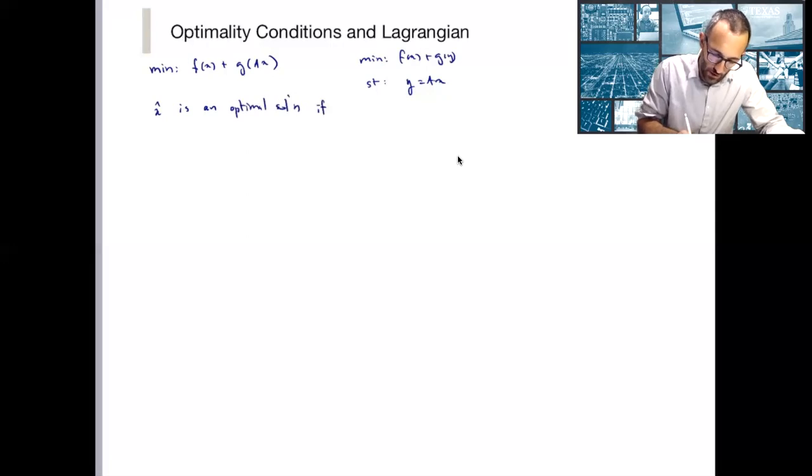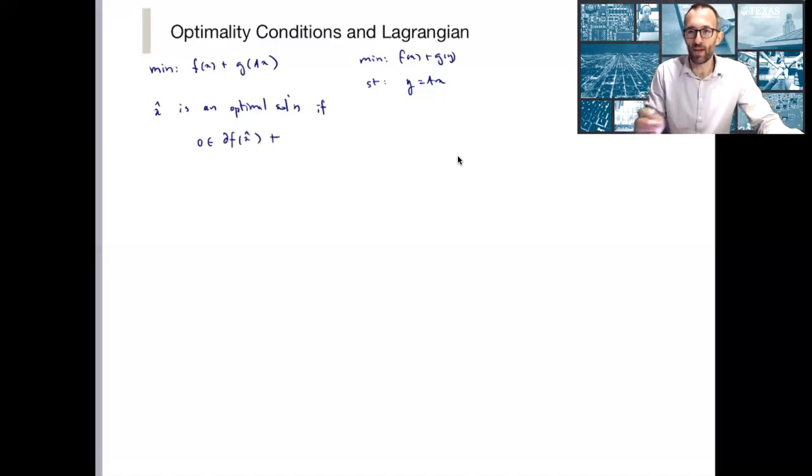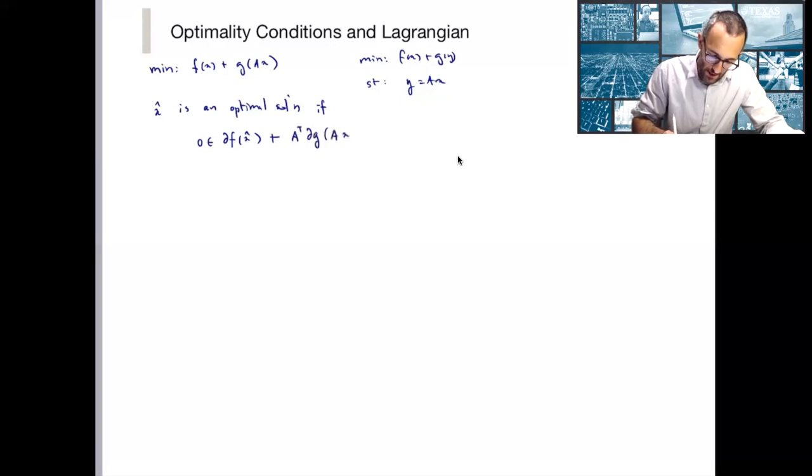if 0 is an element of the subdifferential of f at x hat plus, using the chain rule, A transpose times the subdifferential of g at A x hat. We've written down this same thing hundreds of times. So what does this mean?